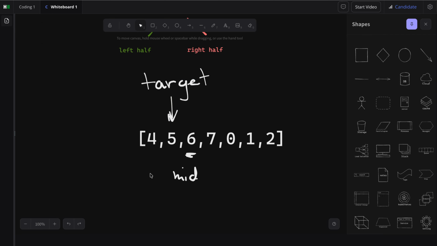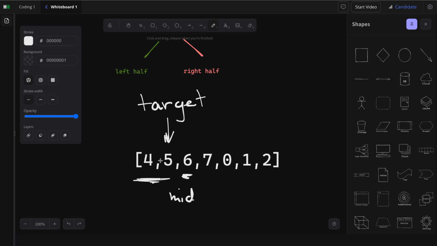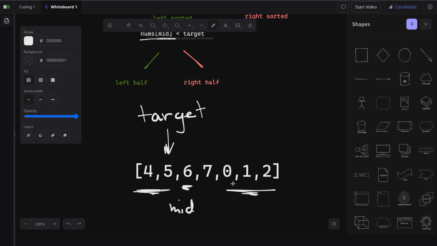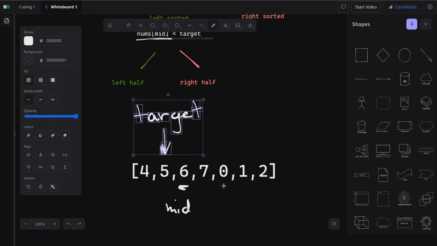then we have kind of two places where we can be. Over here, and we're in the left sorted, or we can be over here, because these are smaller. Wait, where was the target before? Did I have the target on 0?